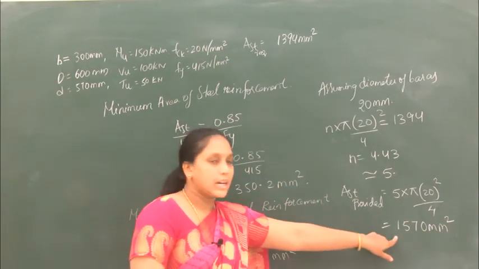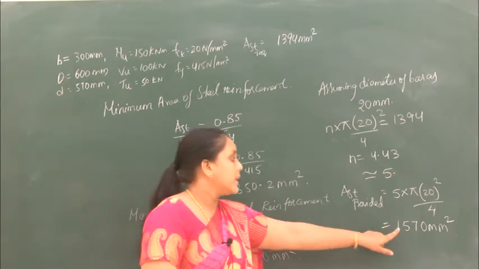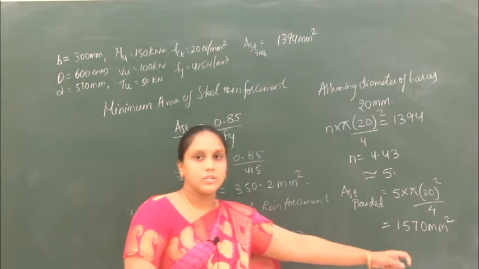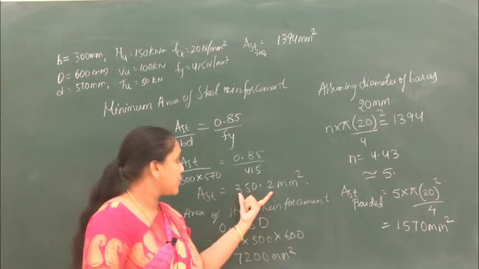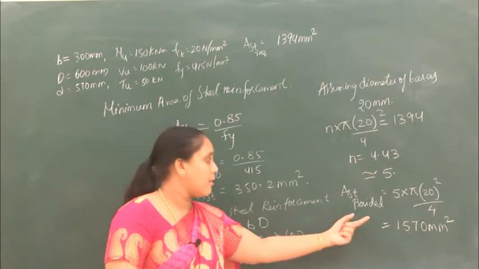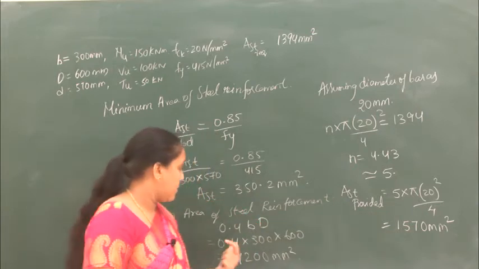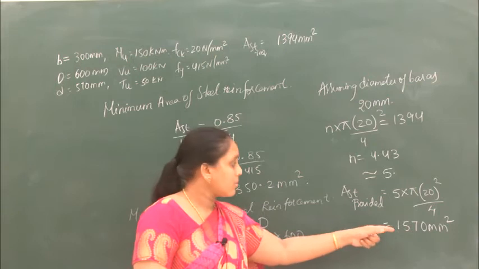The Ast, that is the area of steel, what I have provided as longitudinal reinforcement, is how much? 1570. What is the minimum? The minimum area of steel is 350.2 mm square. So I have provided more than that, and the maximum is 7200 mm square, and I have provided less than that.